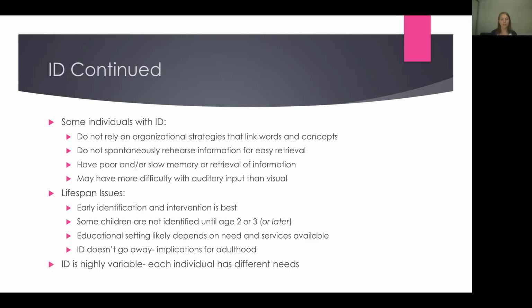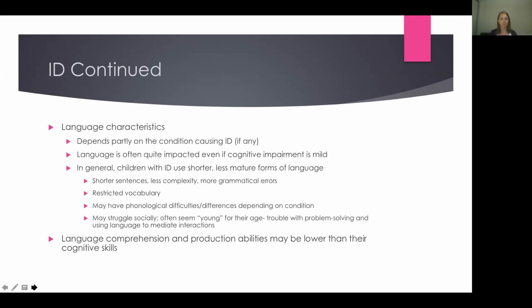And so that transition to adulthood is really important because there are a lot of issues with, for example, living independently and trying to find a job and potentially having their own families. There are a lot of complexities involved in adulthood for people with ID. And the thing to know about ID is that it's really, really variable. Every person with ID has different needs. There's really no one size fits all.